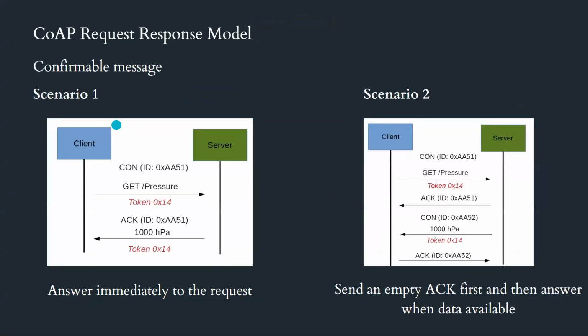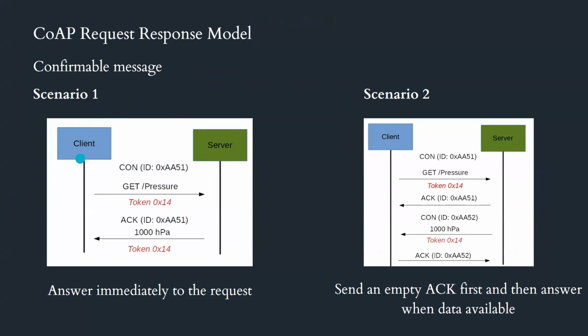So in this slide, I'm explaining two scenarios that can happen under the confirmable message type. In the confirmable message type, we can have the acknowledgement occurring at two different times.